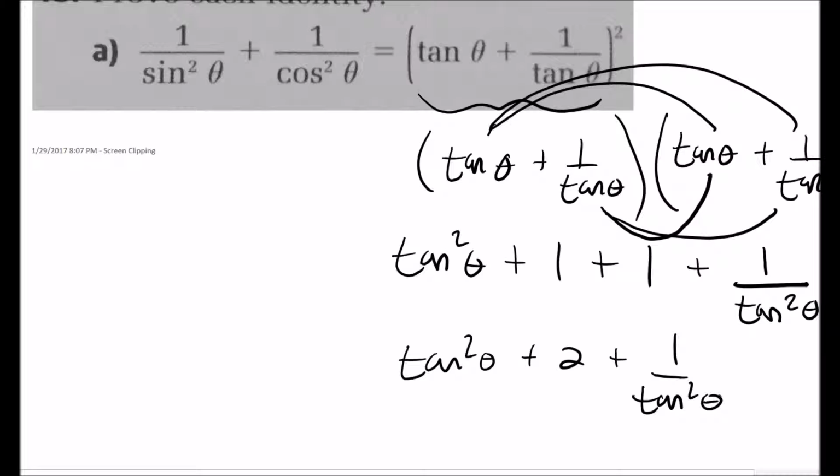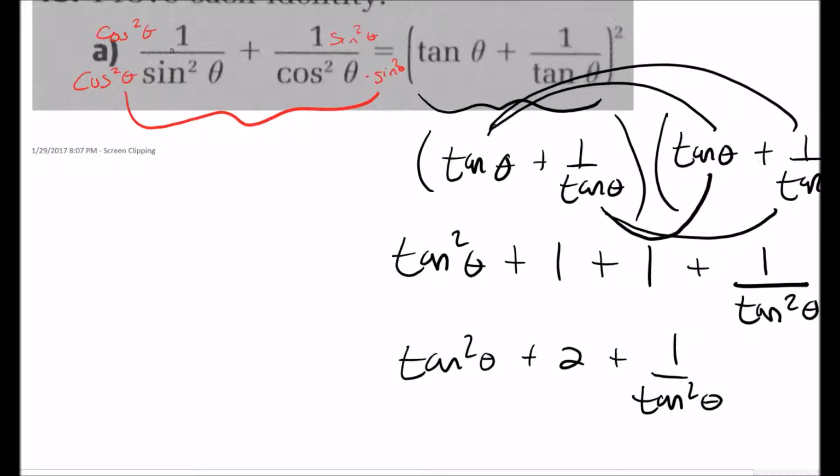Okay, I'm just going to stop here for a second, and I'm going to work out the left-hand side. I'm going to simplify this by getting a common denominator here. In this case, the common denominator is going to be sine squared theta times cosine squared theta. So in order to do this, I need to multiply the left-hand fraction by cosine squared theta on top and bottom, and the right-hand fraction I need to multiply by sine squared theta.